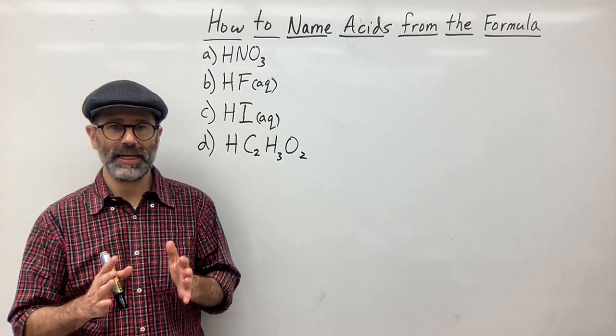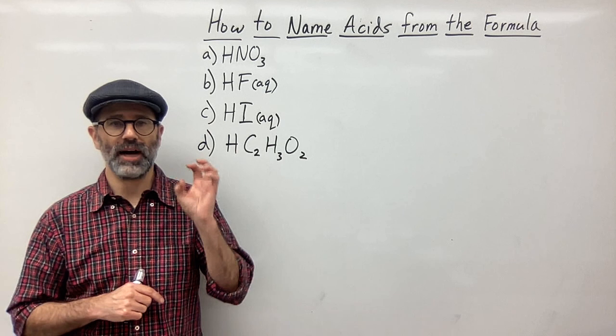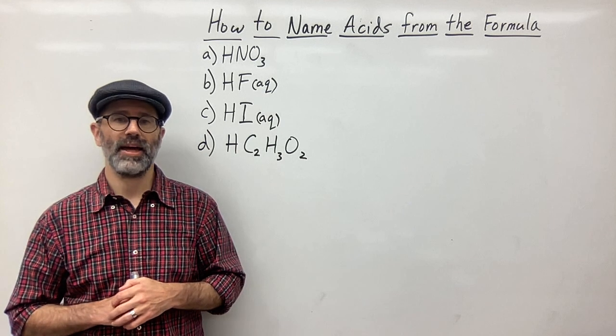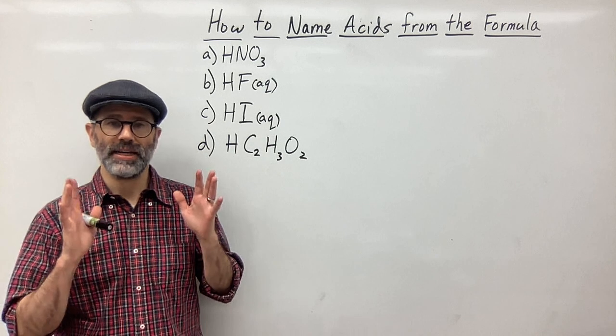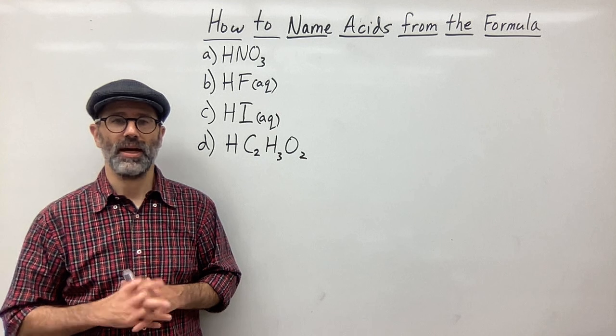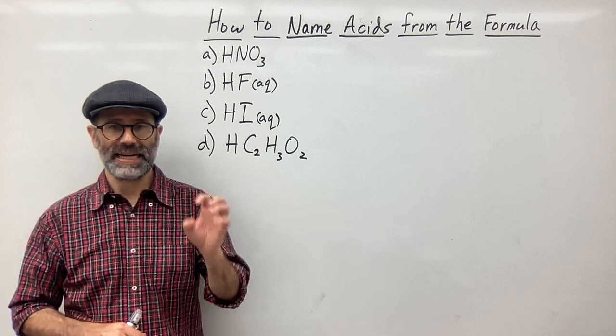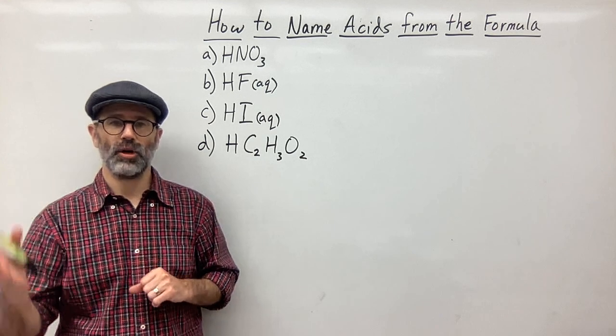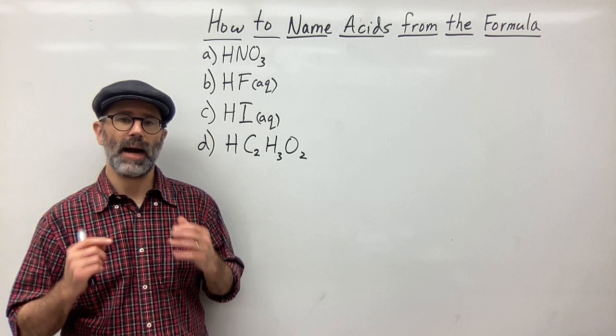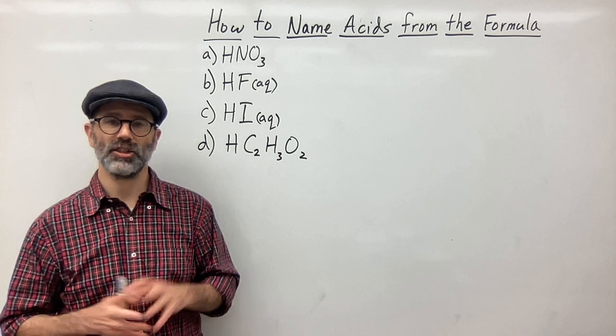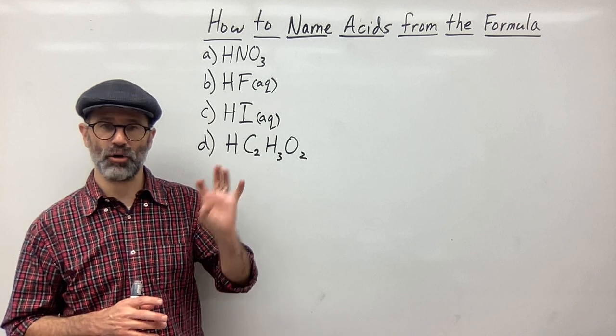So when you have a binary acid, you're going to begin with hydro, and then you change the name of the second element, drop the ending, add IC, the ic, and then the word acid. For the polyatomic ions, you're not going to add hydro. There's no hydro prefix.